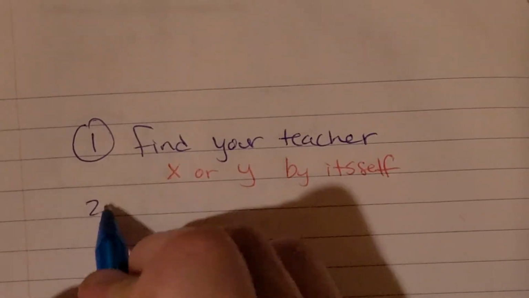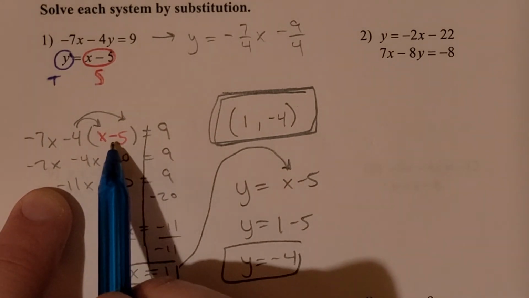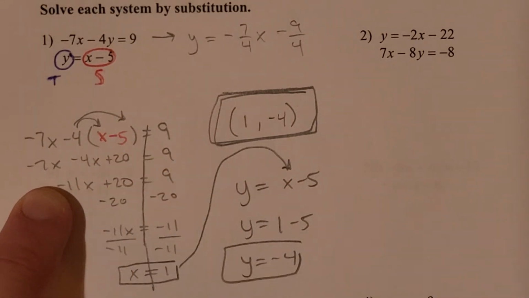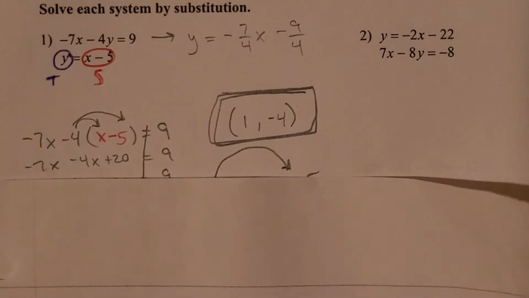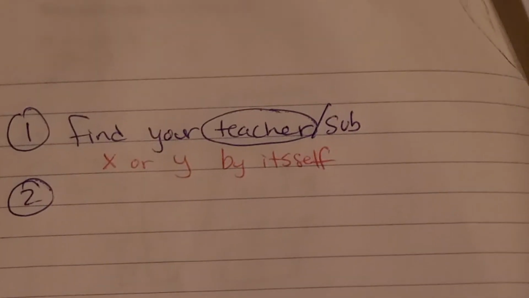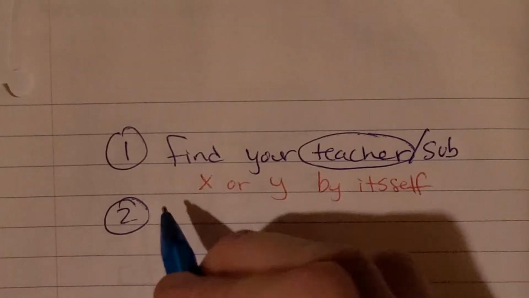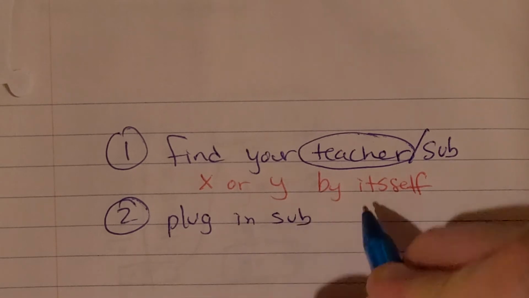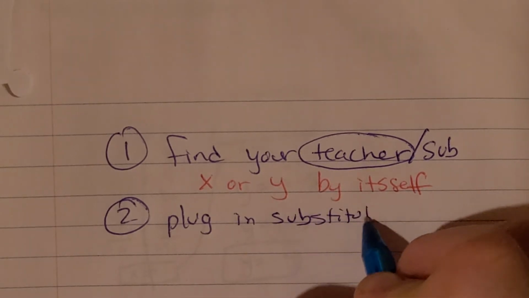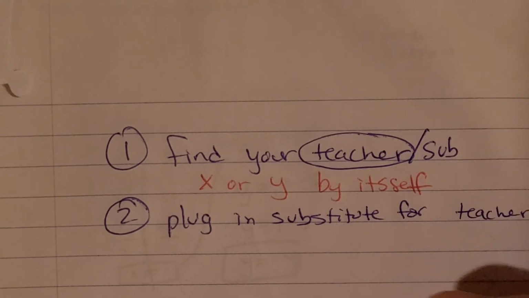Step 2. Well, what did we do next? We plugged the substitute into the other equation. So, I guess I should say find teacher slash sub. We're mainly talking about the teacher here, though. Sorry, find teacher slash sub. The teacher is an x or a y. So, plug in substitute for teacher.